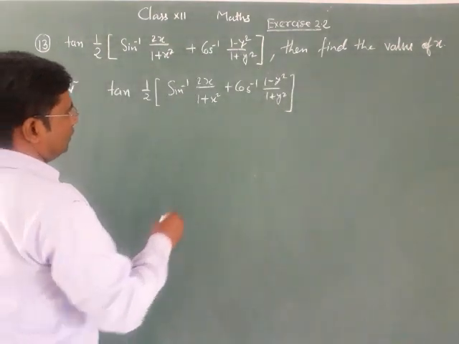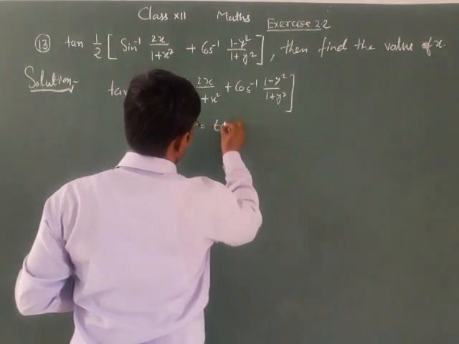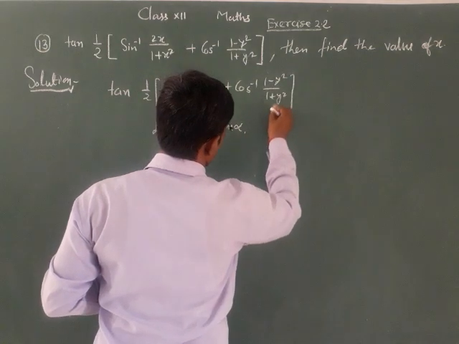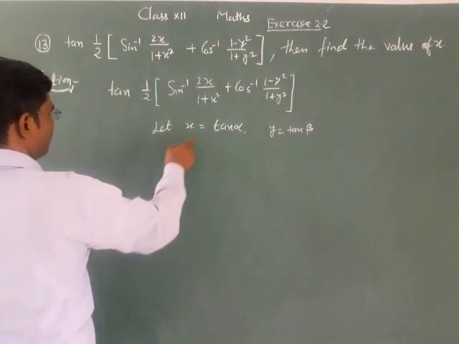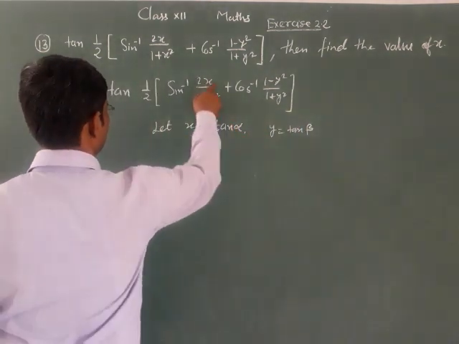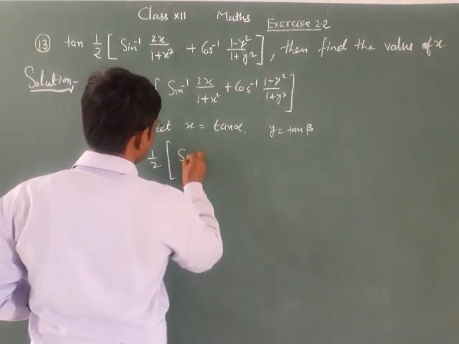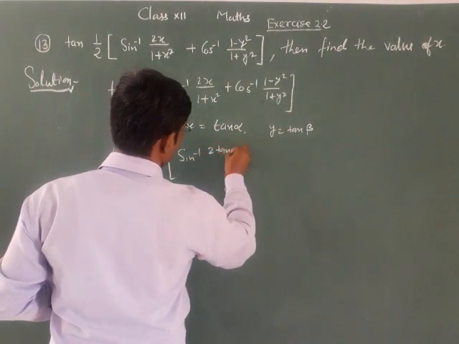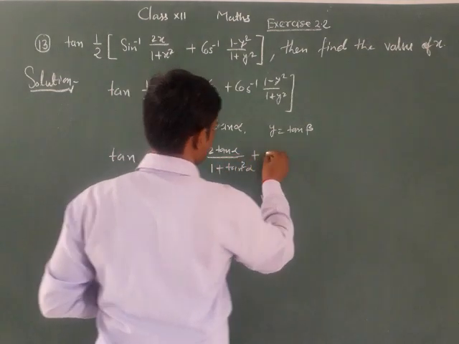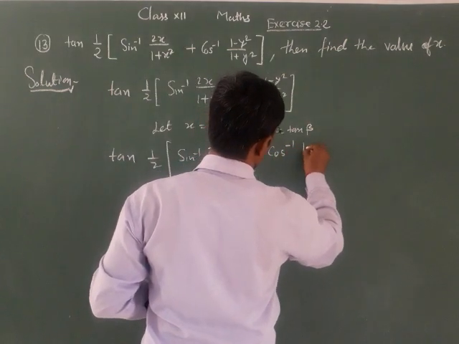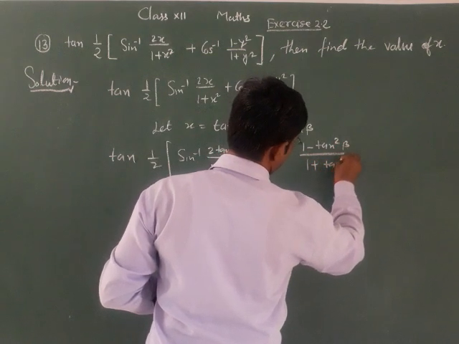So now let us start. Let x be equal to tan α and y be equal to tan β. Now put the values of x and y here: tan (1/2)(sin⁻¹(2 tan α/(1+tan²α)) + cos⁻¹((1−tan²β)/(1+tan²β))).